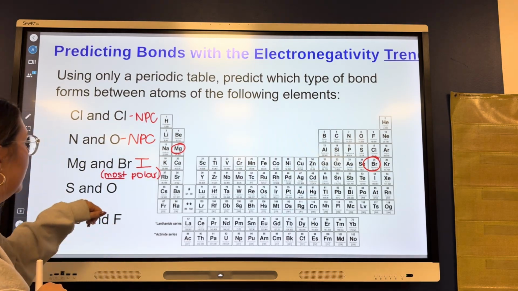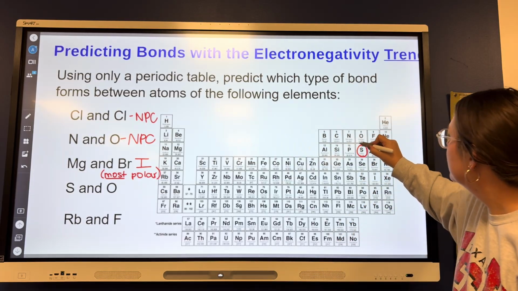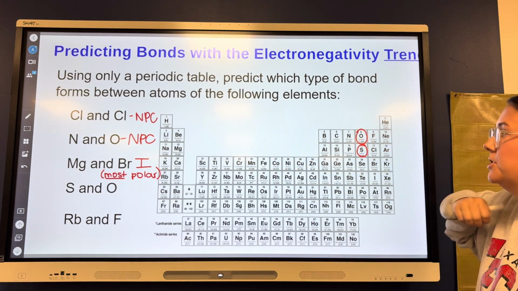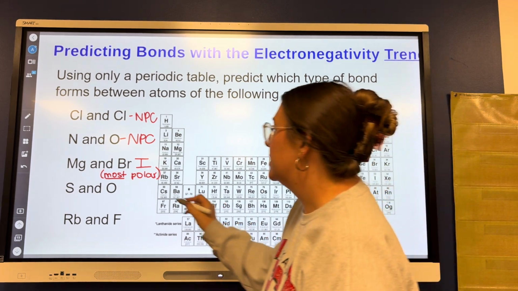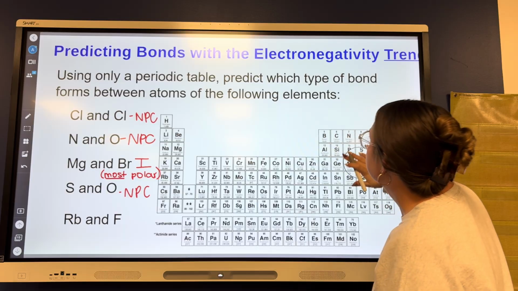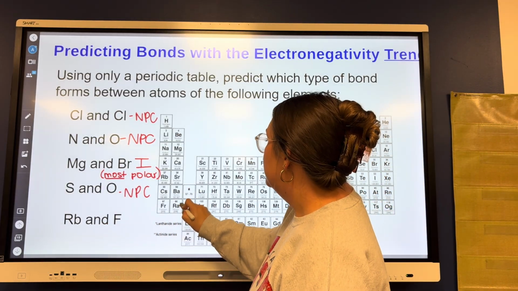The next one's sulfur and oxygen. Again, both nonmetals, so they're very close to each other. This would be considered, again, nonpolar covalent. And then the last one, rubidium and fluorine.